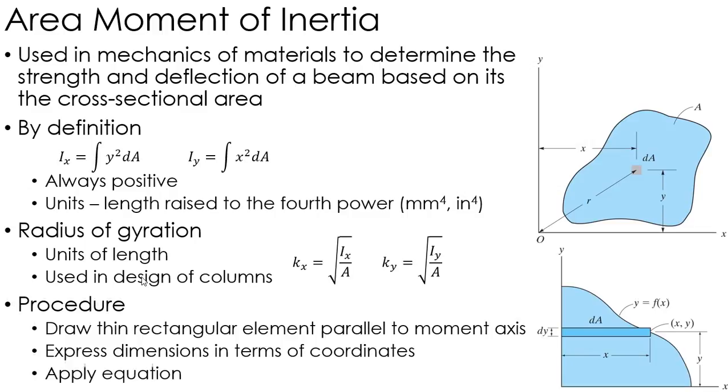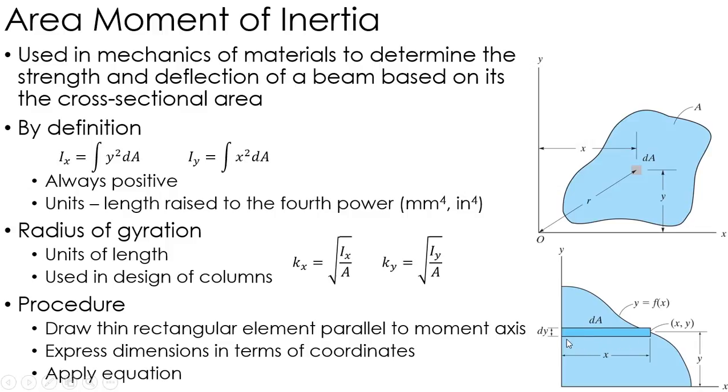For our purposes, all we're really wanting to do here is learn how to calculate this so that when we get to mechanics of materials, we know what it is and how to calculate it. The procedure is similar to how we do a centroid. We're going to draw a thin rectangle, but it's very important that you draw it parallel to the axis that you're finding the moment of inertia about. For this one, I'm finding the moment of inertia about the x-axis, so I would draw a horizontal rectangle with a differential thickness dy. It's important to do that because it puts all of the area at a fixed distance y away from my axis.